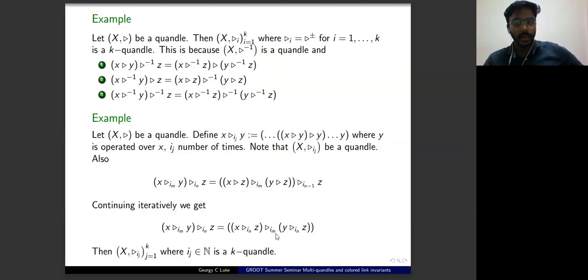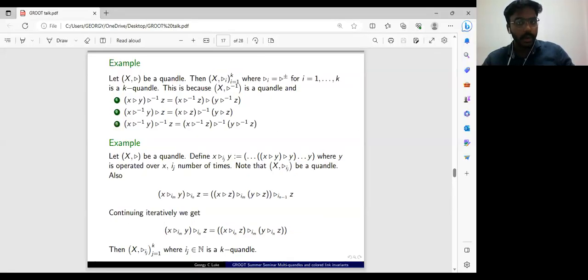So we give some examples of multi-quandles.